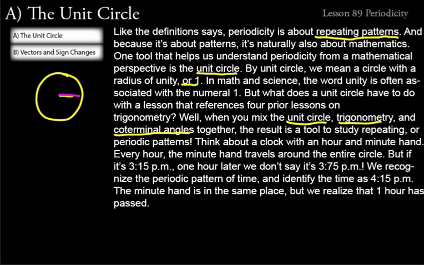If that minute hand goes around one time, it's gone around 60 minutes, and then the hour hand is going to move some as well, right? It would be down here more, but we don't say that new time is 3:75 p.m. We say it's 4:15 p.m. We recognize the periodic pattern of time and identify it as 4:15. The minute hand is in the same place, but we realize that 1 hour has passed. The hour hand has moved.